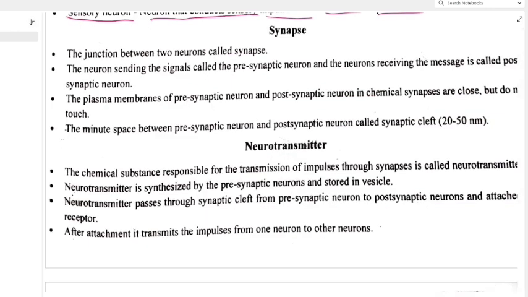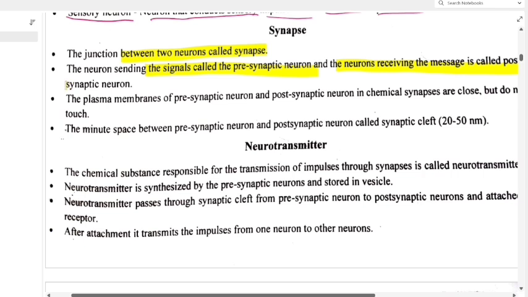Let's start synapse now. The junction between two neurons is called a synapse. One neuron consists of dendrites, axon and cell body, and between two neurons the junction is there. The neuron sending the signals is called the presynaptic neuron, and the neuron receiving the message is called the postsynaptic neuron.